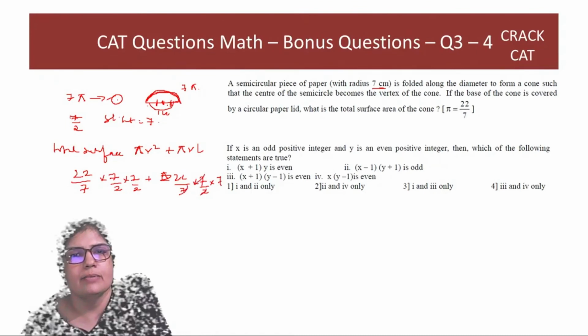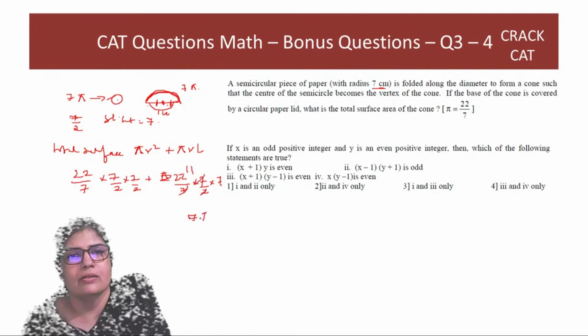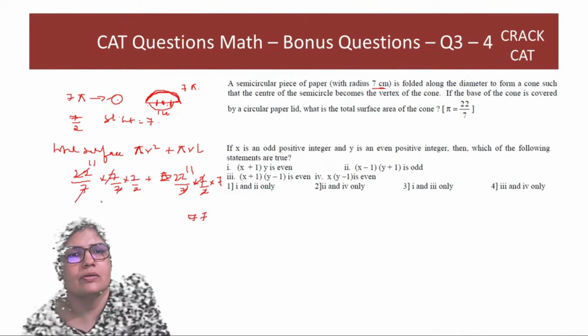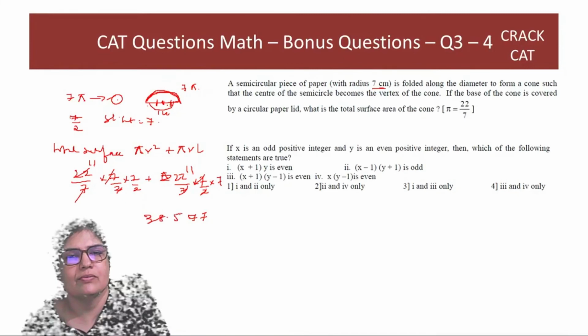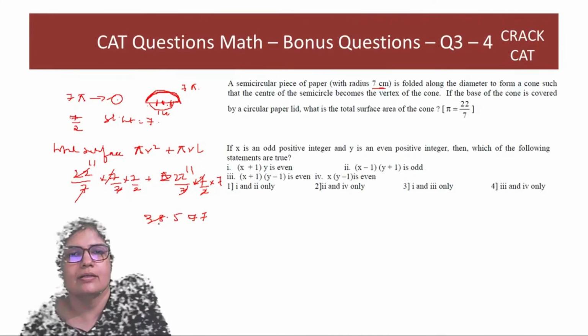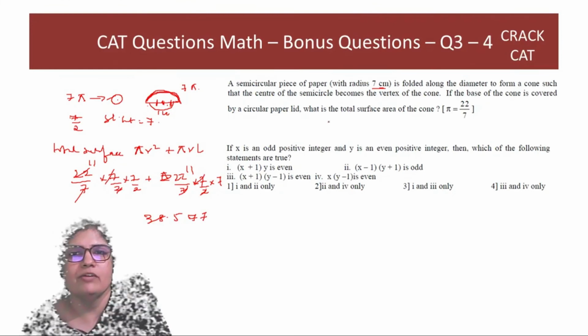So this all cancels, 77, and this is going to give you 38.5. So the answer is going to be 115.5.